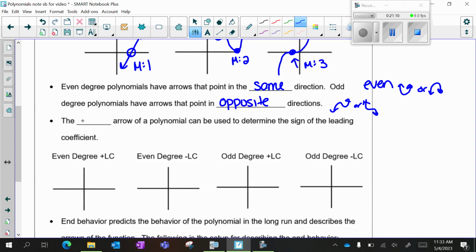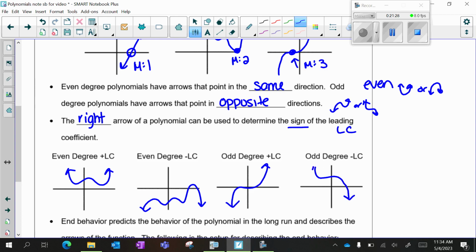To determine which way it faces, we look to the right arrow, and that determines the sign of our leading coefficient. So even positive, like this, even negative, like this, odd positive, like that, odd negative, like that. The negative or the positive is my right arrow.